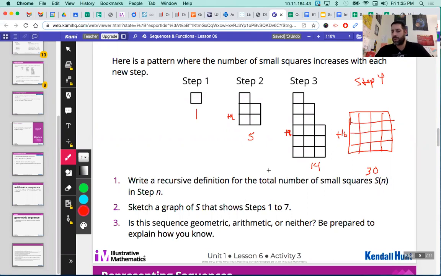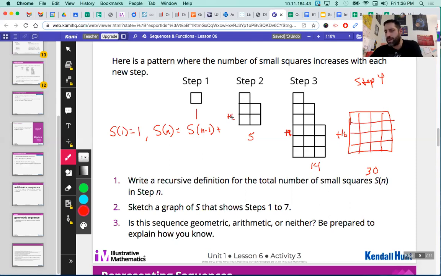Let me show you how we're going to write a definition here. We're going to have our initial one. So we have S of 1 equals 1, because we start at 1. S of n is going to equal our previous entry, so S of n minus 1, the previous term, plus, now here's one thing we can notice.